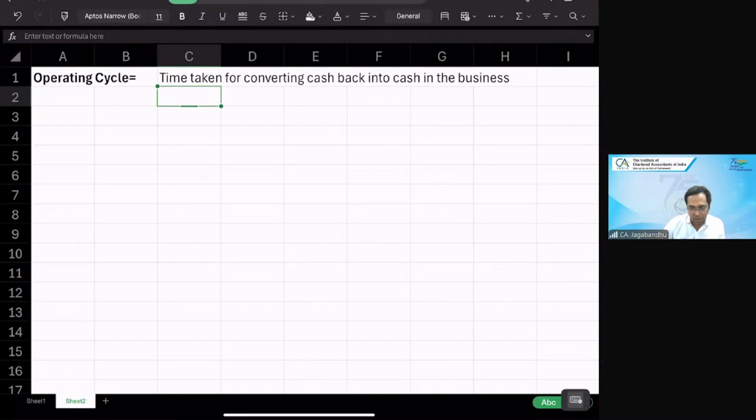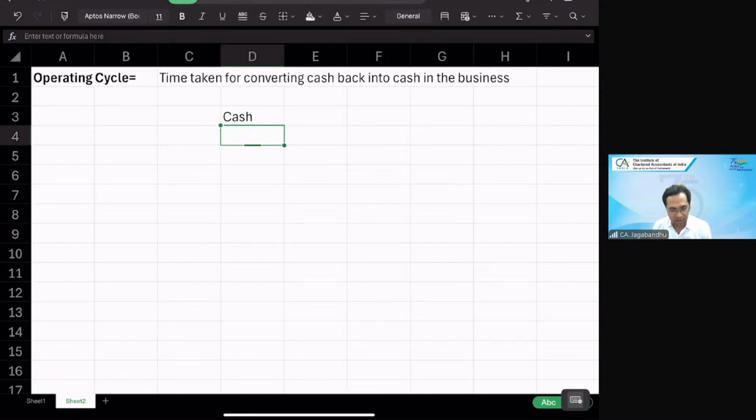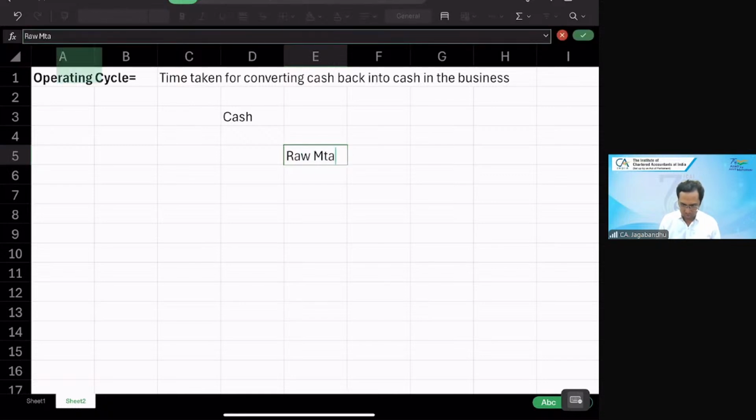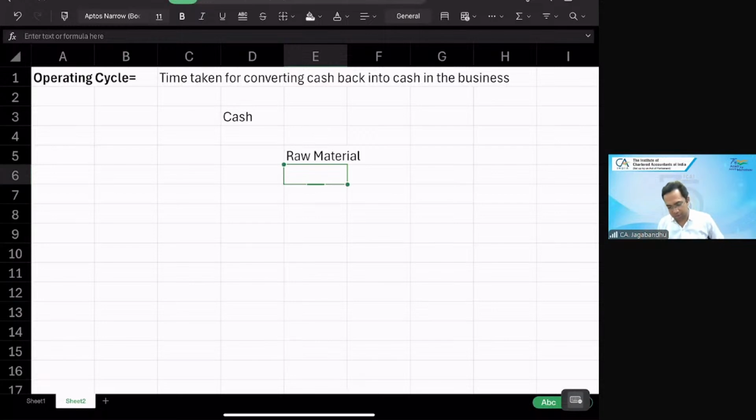From the working capital aspect, once you have the cash balance with you, of course you will utilize that cash to purchase raw material, right? So your cash gets converted to raw material, because you pay the cash to get the raw material.